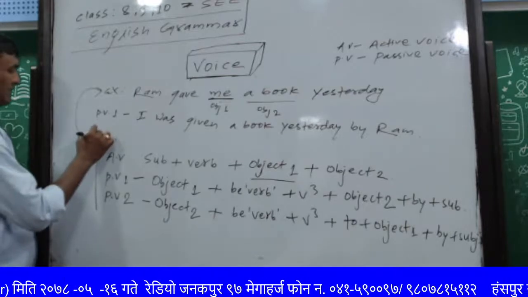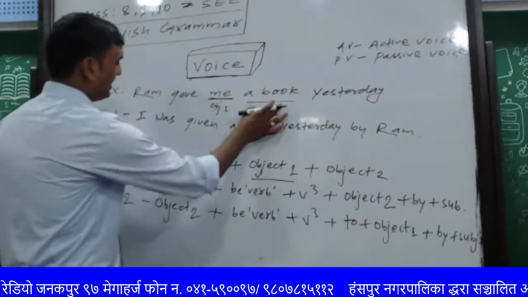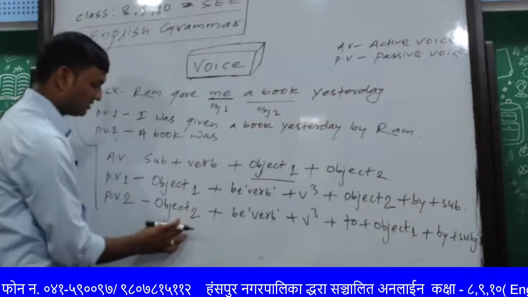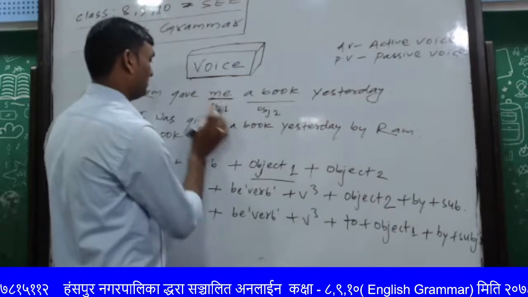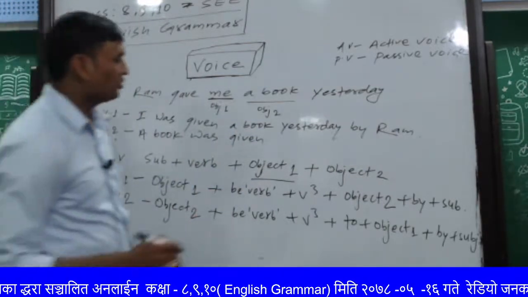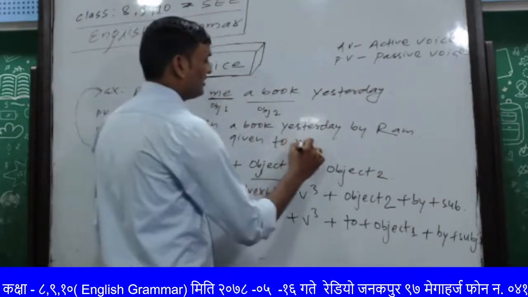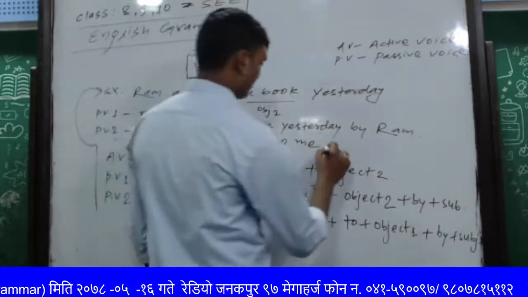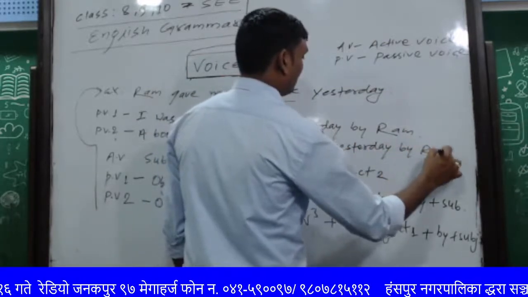Then passive second: object second is here a book, it was, be verb was, then V3 given, the book was given to me, to plus object first, yesterday by Ram.